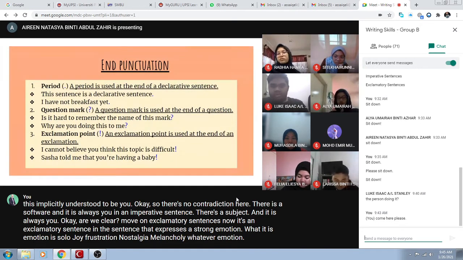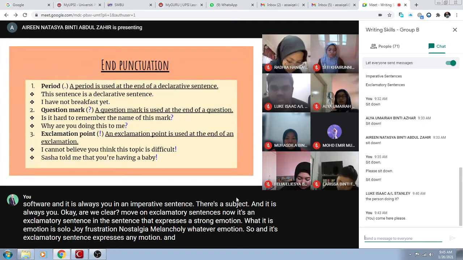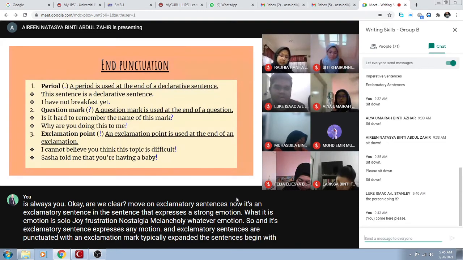So an exclamatory sentence expresses an emotion. And exclamatory sentences are punctuated with an exclamation mark. Typically, exclamatory sentences begin with how or what.